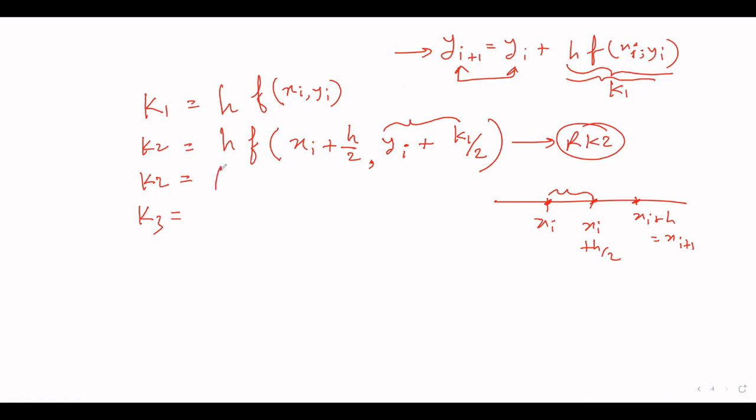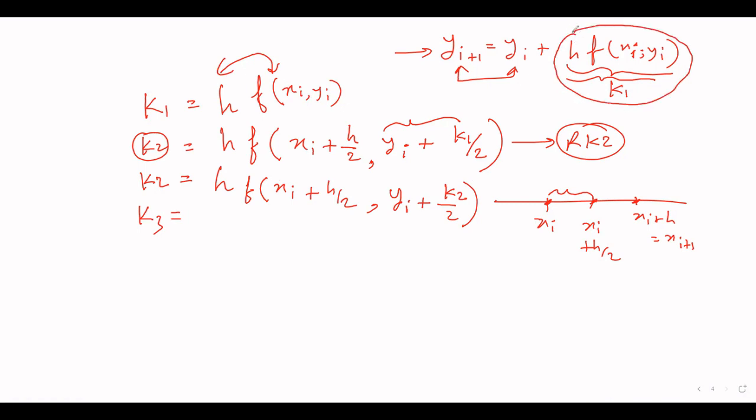But k2 is h times f of xi plus h by 2. So this is again the approximation of the slope at the midpoint. And this time we write yi plus k2 by 2. So k2 is, in a way, h times slope, which is the increment of y.